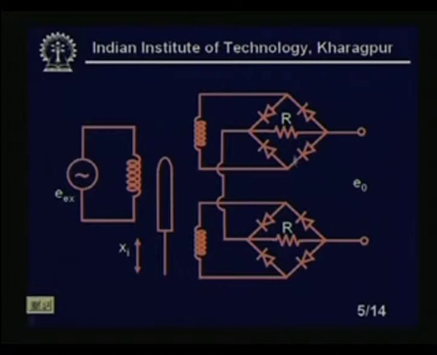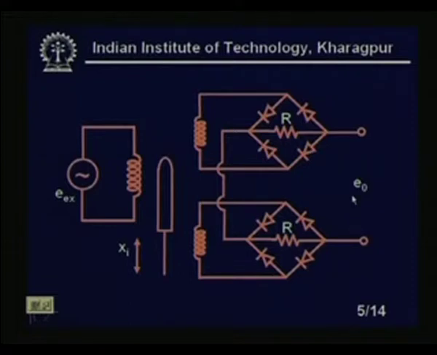You see we have used 4 diodes here, and we have discussed this in detail. We make the algebraic summation of the two voltages to get the voltage output. Ex is the excitation of our LVDT, xi is the input motion or the input of the system, and Eo is the output of the LVDT.